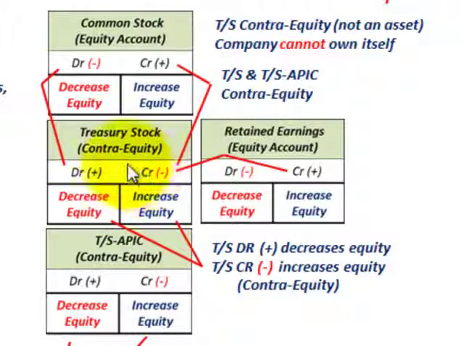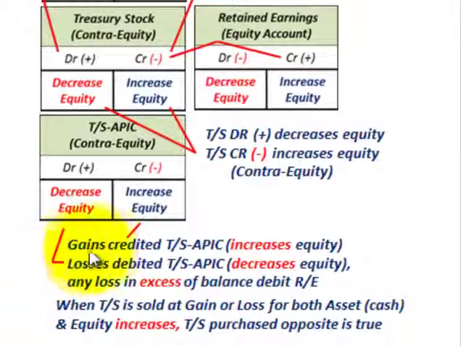Then again, just remember, when you're using this cost method, the number of shares sitting in your common stock account don't change. You take everything based on your treasury stock, based on your cost, and the treasury stock you're repurchasing, and any additional amounts go into additional paid-in capital.